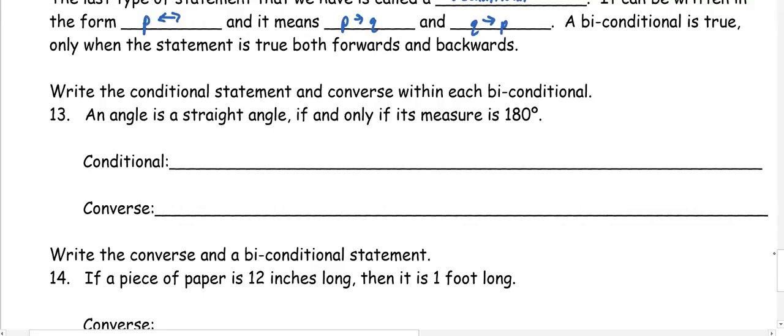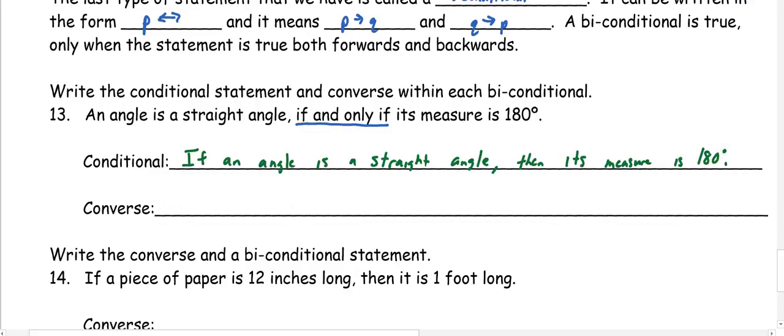So number 13, we have our biconditional because we see the words if and only if. An angle is a straight angle if and only if it measures 180 degrees. So our conditional in this case, we're just going to add in if and then, and we're going to drop the if and only if. So we would have if an angle is a straight angle, then its measure is 180 degrees.